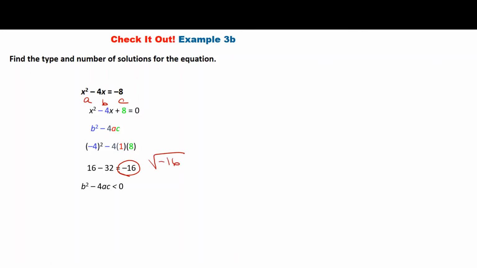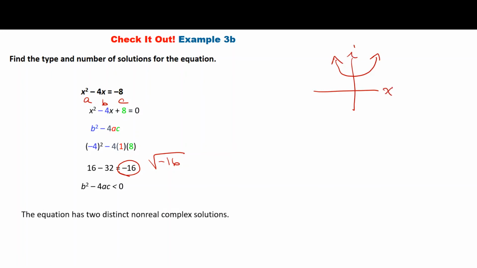Okay, so that tells us this is going to be an imaginary number. Our imaginary set is happening up here, where this is x and this is our imaginary axis. So that tells us we're going to have two distinct non-real complex numbers. Remember, this b squared minus 4ac is part of our quadratic equation.